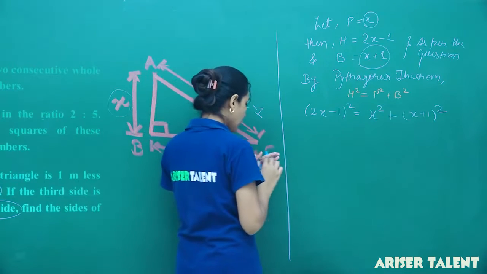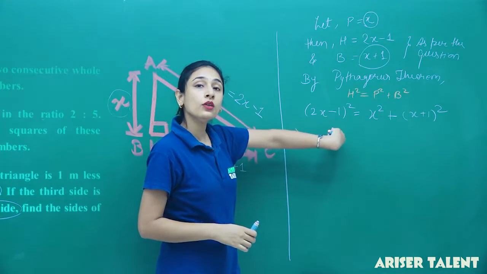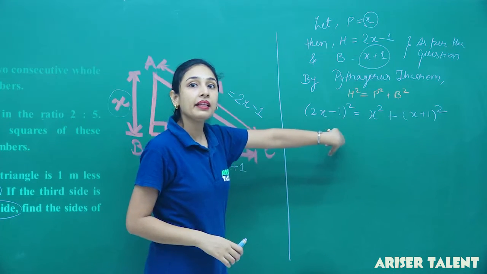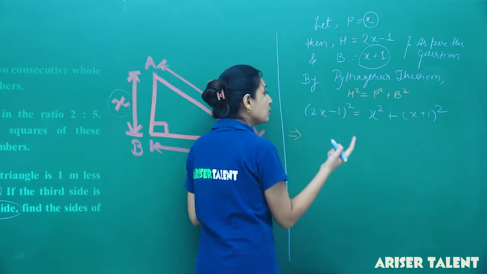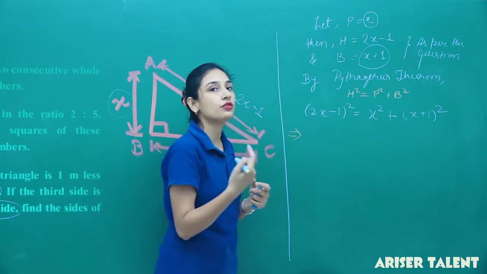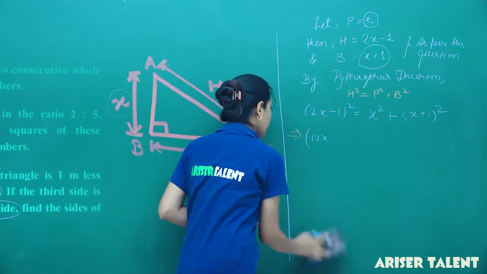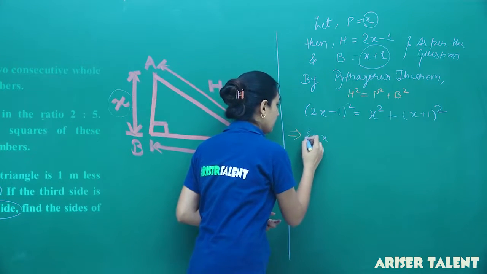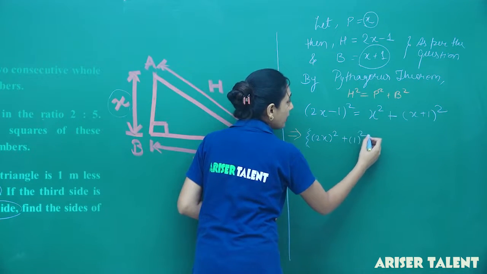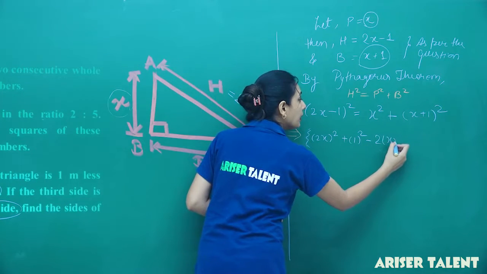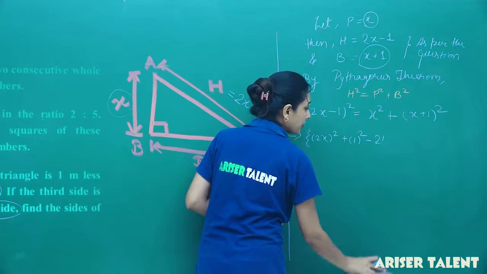Now I am just solving it. 2x minus 1 whole square is what? (a minus b) whole square is a square plus b square minus 2ab.